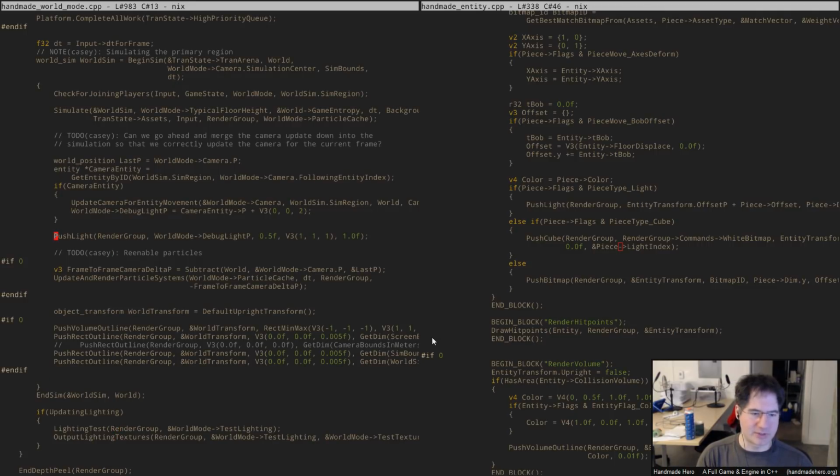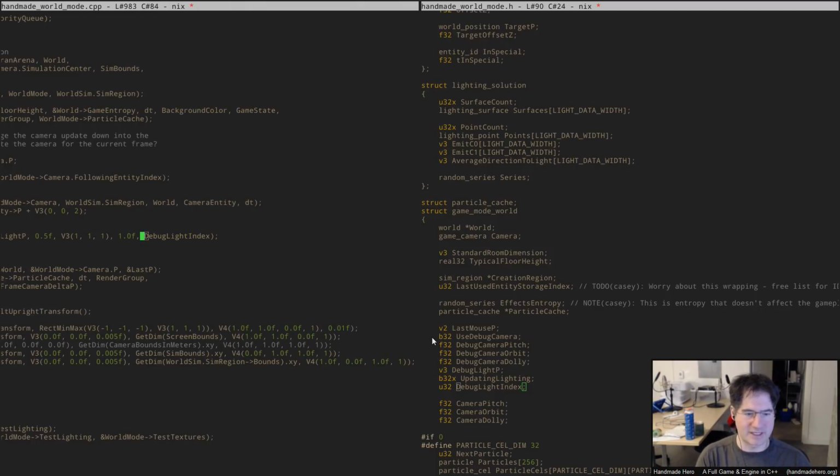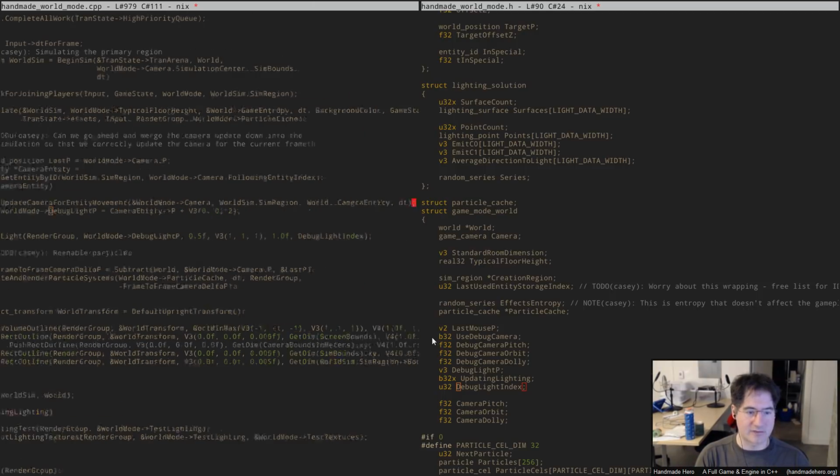This push light call that we do here, this one doesn't have a light index anywhere, right? So we would need to track that in order for it to work, because it's turning off lighting, including transmissive lighting. It's turning off all lighting calculations, period, for any light that doesn't have an index, right?